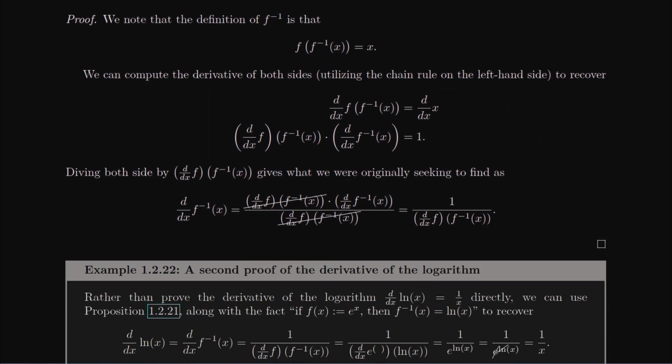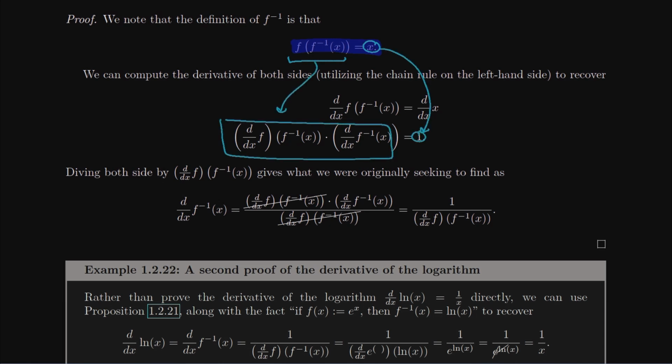And the proof is fairly straightforward. You apply the chain rule to the definition of the inverse function, because the inverse function is defined to cancel the regular function. You have to end up with x. Well, we know the derivative of x is equal to 1, and we can compute the chain rule on the left-hand side: the derivative of the outside, keep the inside the same, multiply by the derivative of the inside.